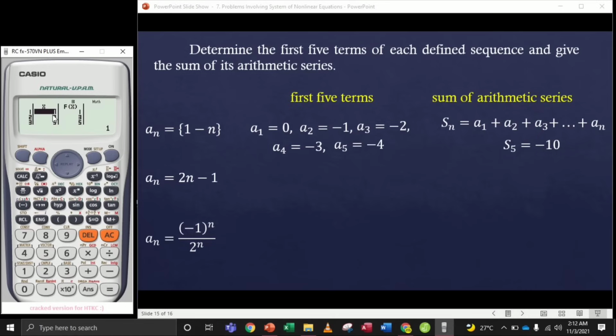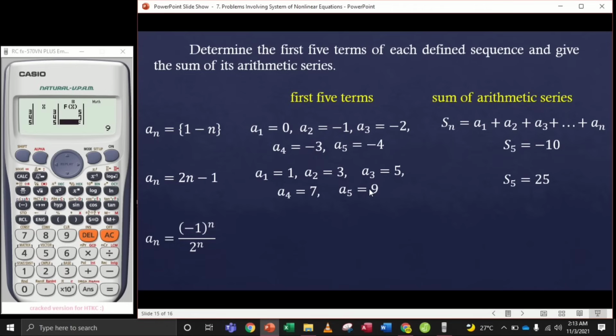Okay, so makuha na natin. Yung first term natin is 1, second term is 3, third term is 5, fourth term is 7, and yung fifth term natin is 9. Okay? And then, pag kukunin natin yung sum nila, add lang natin 1 plus 3 plus 5 plus 7 plus 9, the answer is 25.